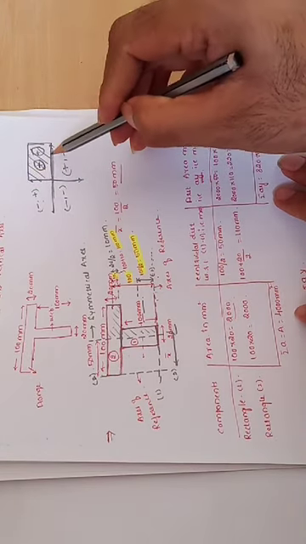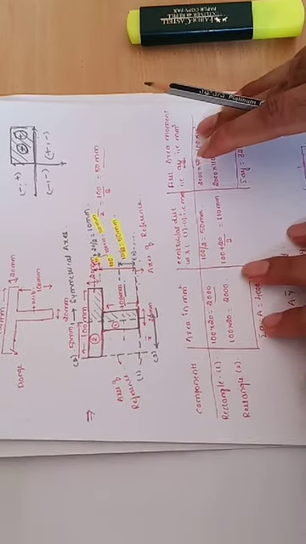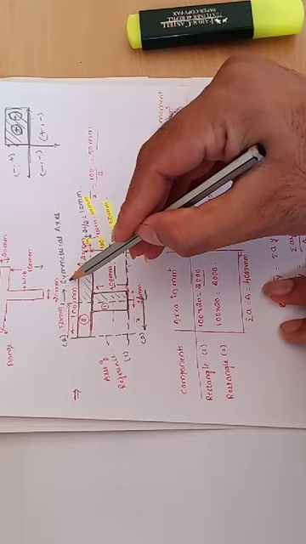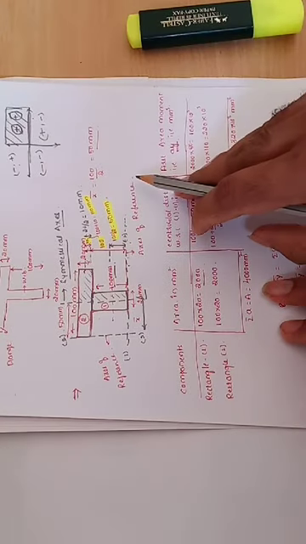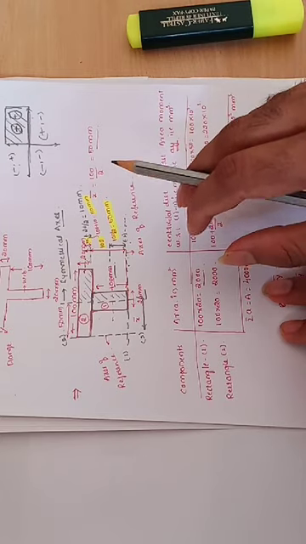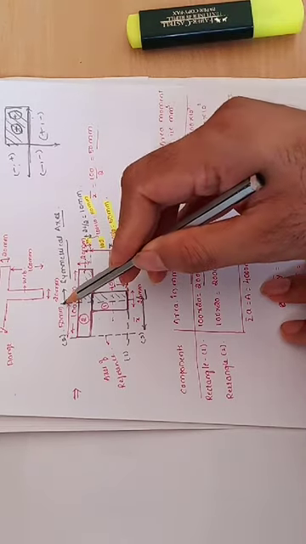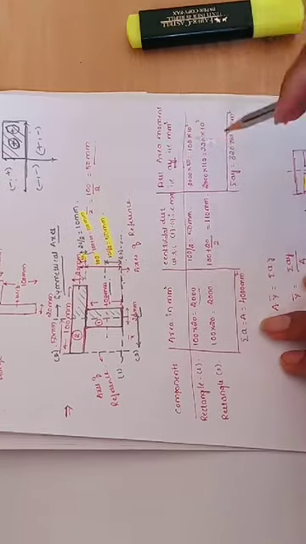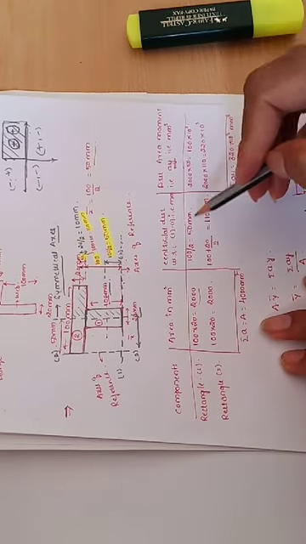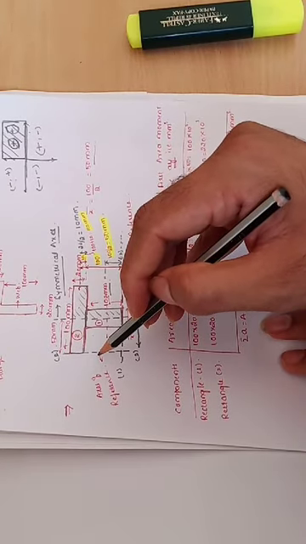Once you fix your reference axis, the second thing is: check, is there any symmetrical axis present? If symmetrical axes are present, then half of your work is done. Because if you have not checked for symmetrical axes, I would have to go for the moment area calculations again, where I also need to find out with reference to both axes.